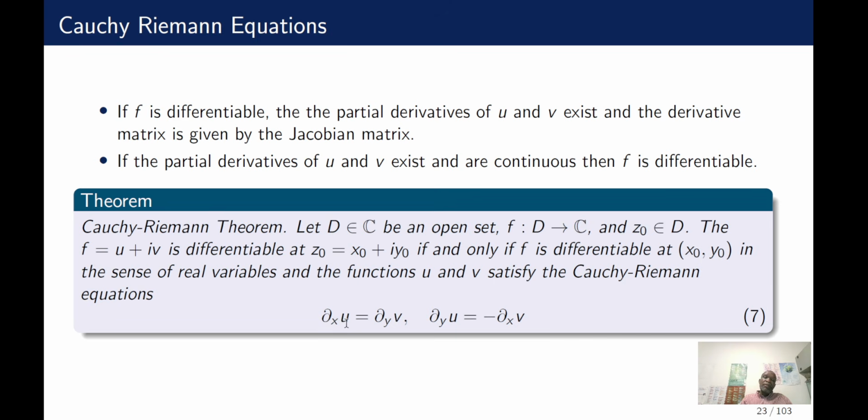So the function is analytic if we differentiate. This is a partial derivative. If we differentiate u with respect to x, you get the same thing as the derivative of v with respect to y. And the derivative of u with respect to y gives you the negative of the derivative of v with respect to x.